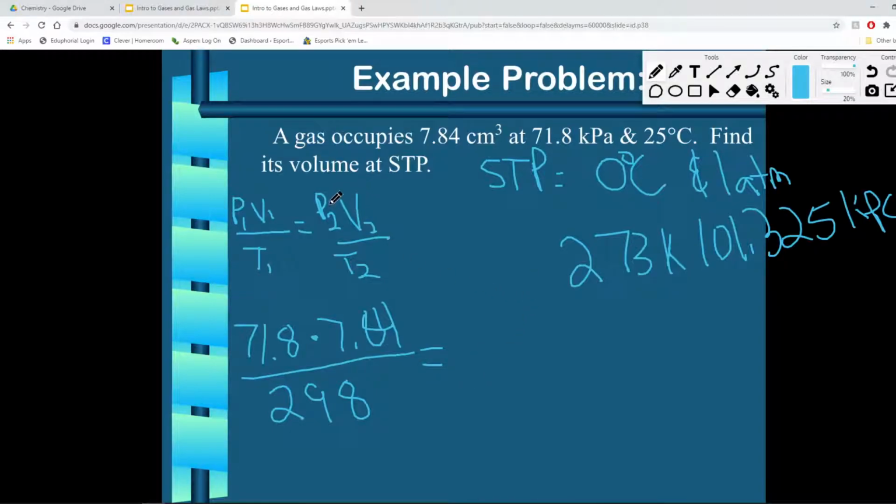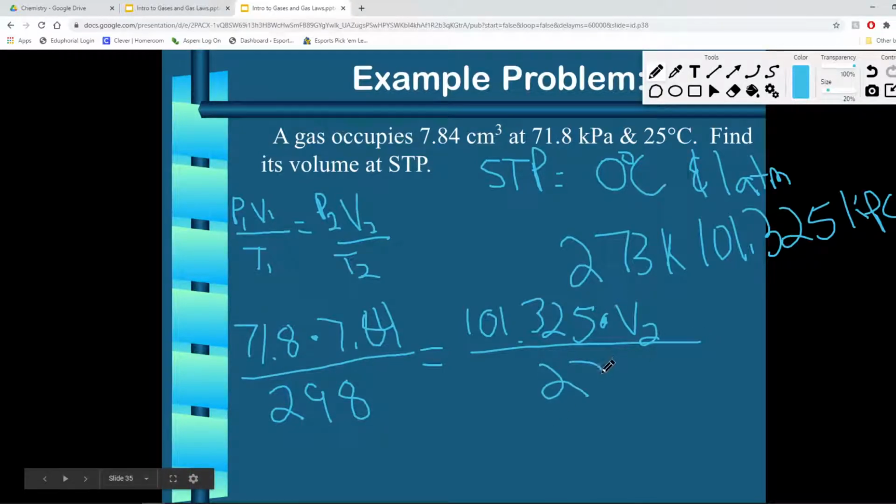Over on the right side, we know P2 is the standard 1 atmosphere, which is 101.325 kilopascals. Our V2, we don't know. That's what we're looking for. So it stays a variable because it's asking about the volume. And we know our temperature is 273.